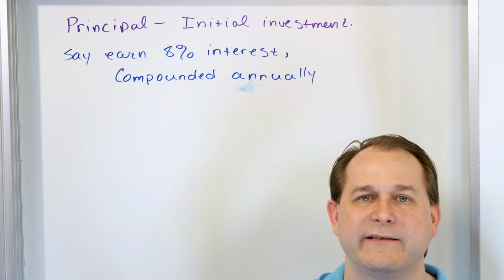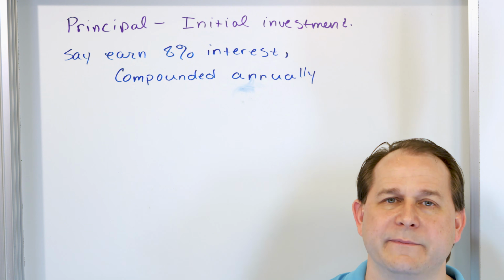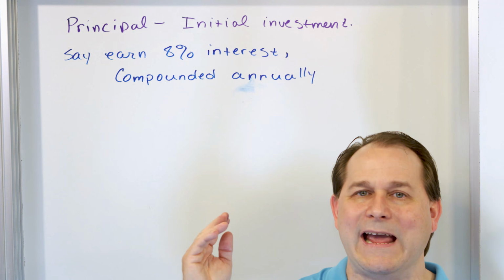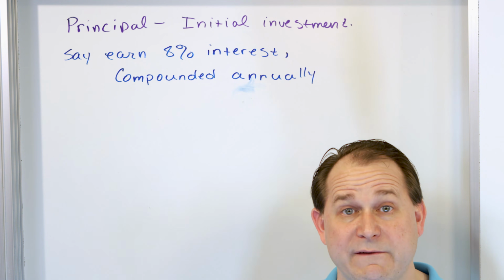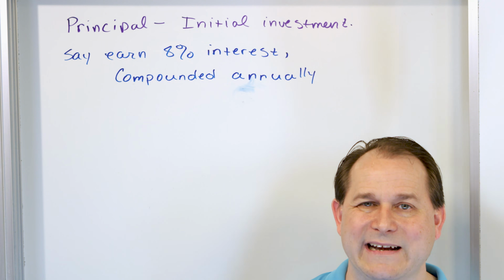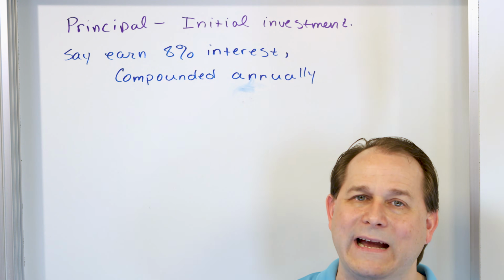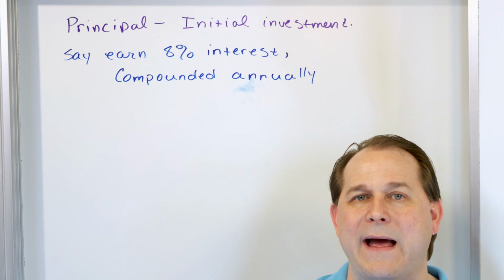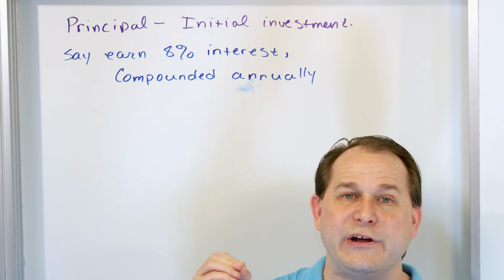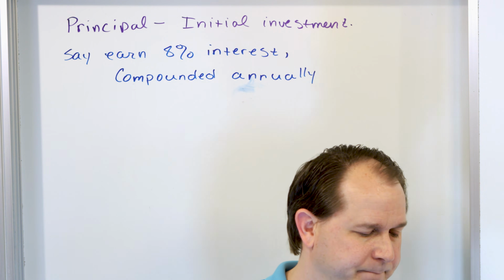Compounded annually just means that's when the free money comes in. It's every year. So every year I get 8%. And then the next year I get 8% of what I had from the previous year. And then the next year I get 8% of what I then have on my most latest balance. So I'm growing every year, but I'm gaining 8% on the latest balance in my account. So the compounded annually means that's happening every year, one time per year. That's all that means, okay?